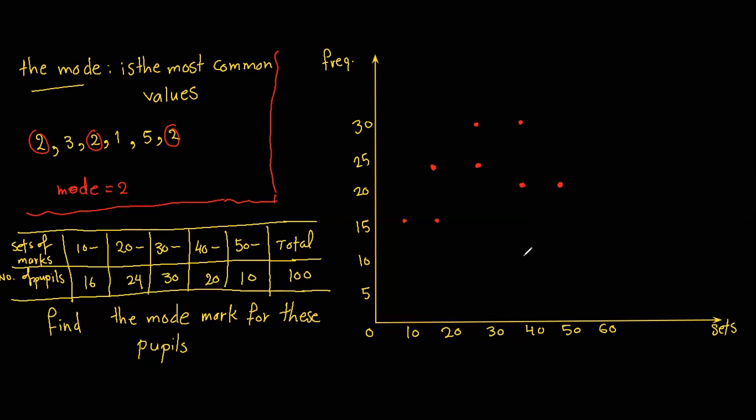Then the value here for 50 to 60 is 10. So we want to draw these values as a histogram.